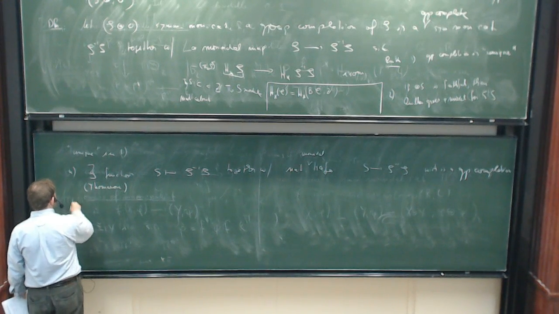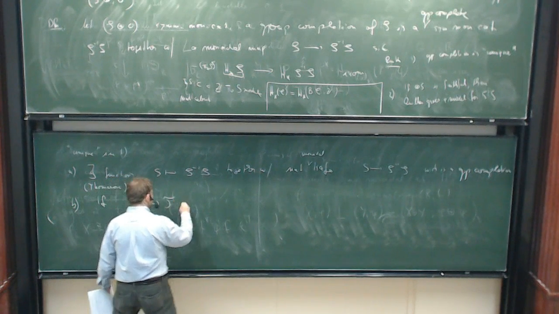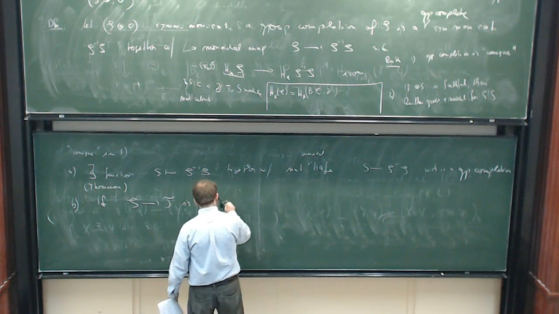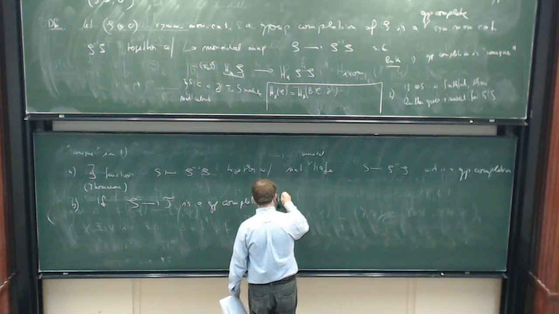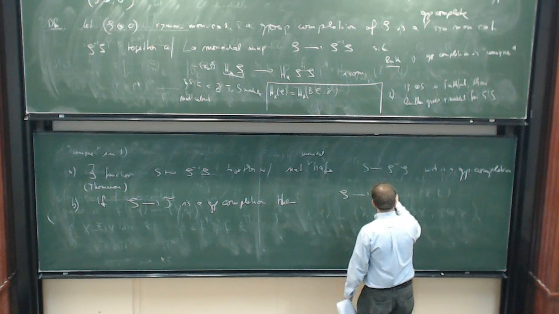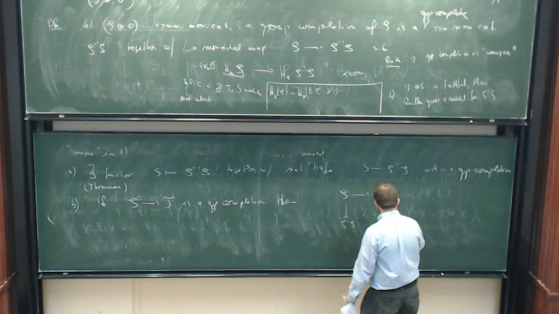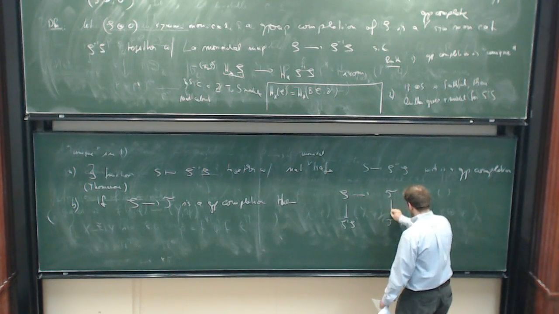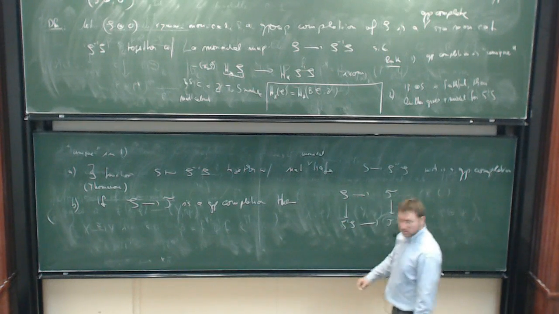So then, if S to T is a group completion, we get a diagram S, T, S minus 1 S, let's call it then T minus 1 T. Okay, all arrows are group completions.